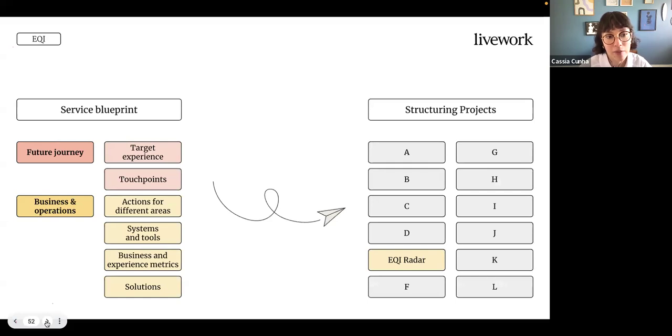And with the blueprint, with all the metrics and the solutions, we grouped the solutions into structuring projects. So solutions that had similar outcomes or would contribute to the same goal, we structured them in these larger projects, so to say. The examples I'm going to showcase today are within one of these projects, which is AKE Radar.